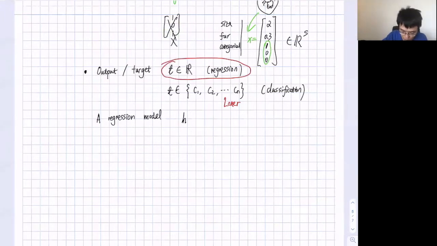So H is known as the hypothesis. A regression model is indeed mapping from the input space, which is R^D, to a real number, R, okay? Where D is the input dimension.